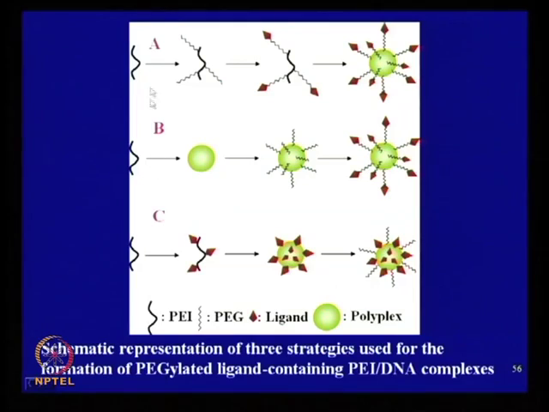So, this is polyethylene glycol to which other polymers or drugs are attached, these are drugs, you see. This polyethylene imine, polyethylene glycol ligand is a polyplex. So, a polyplex is a device for drug targeting and delivery.